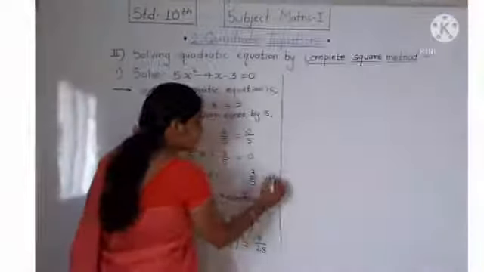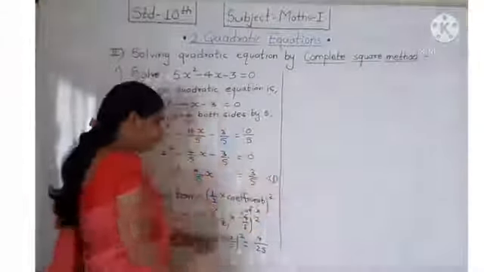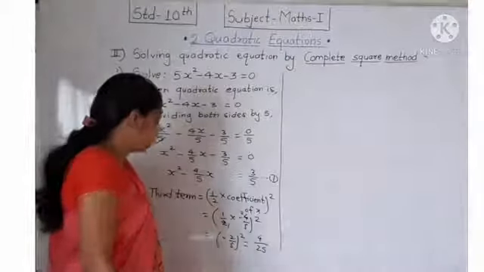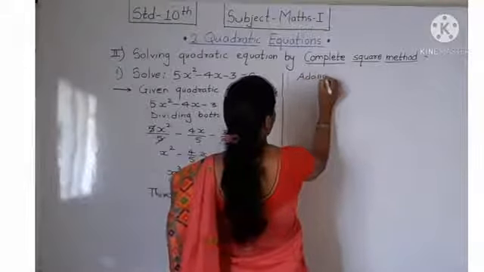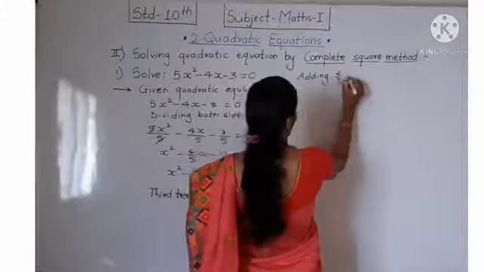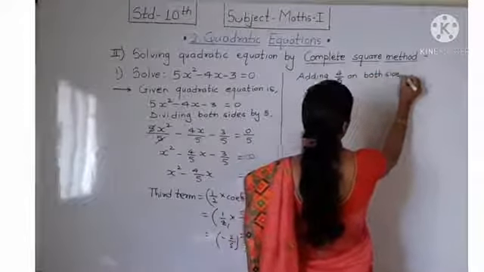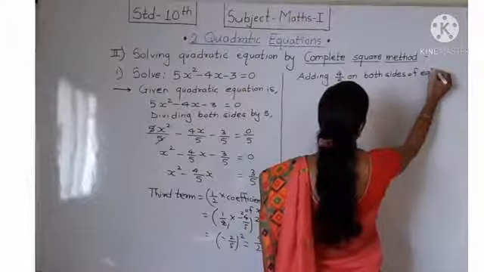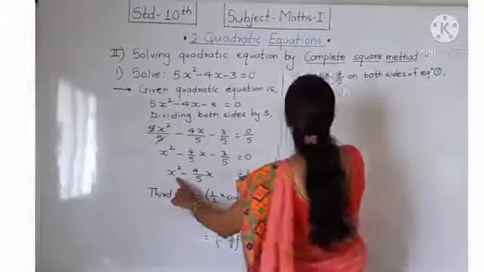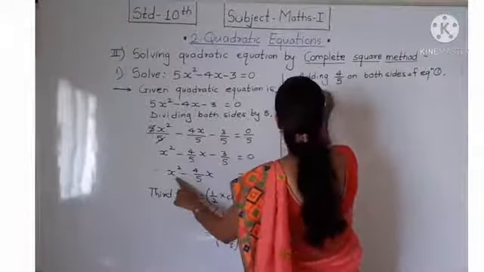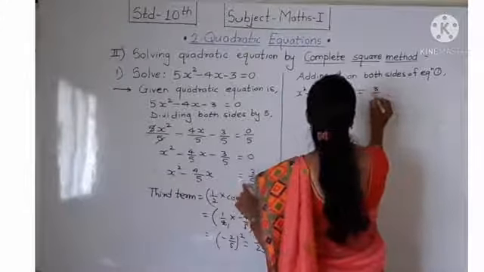We can add this 4/25 on both sides. Call this equation first. Now we add 4/25 on both sides of equation first. What is equation first? x square minus 4/5x is equal to 3/5.